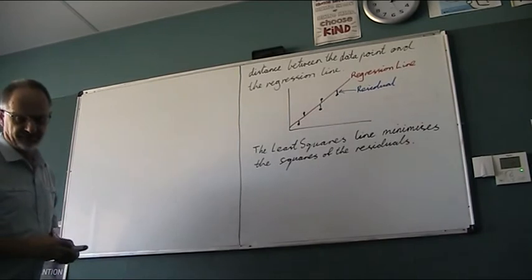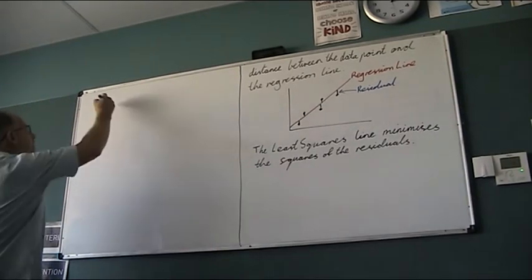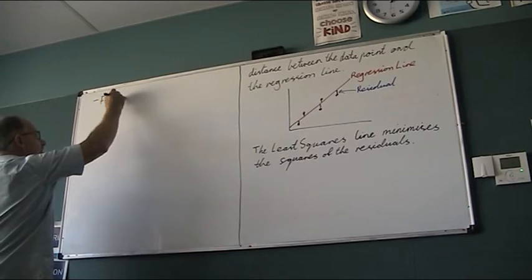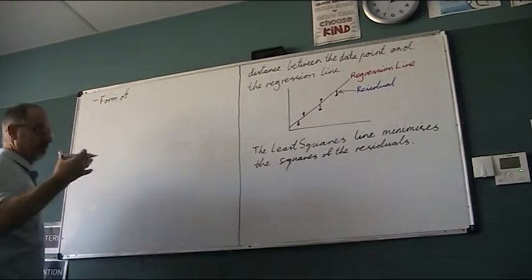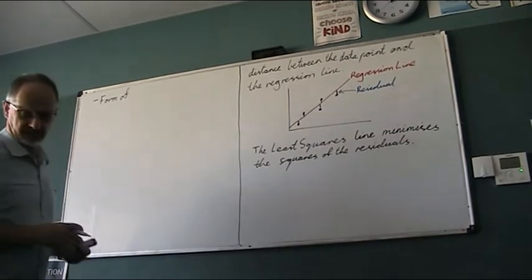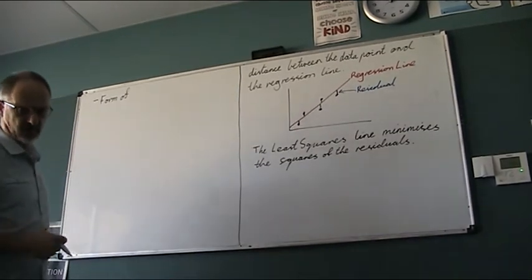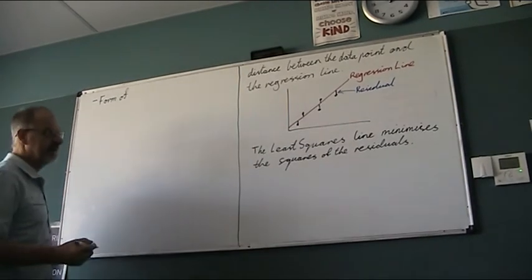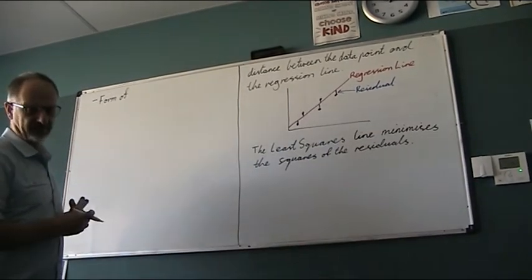Okay, so what is the form of our least squares regression line? By form, I mean what does the line look like? It's a straight line, so it has a similar equation to the equation of a straight line that we've been used to, y equals mx plus c. And so it is of that form.